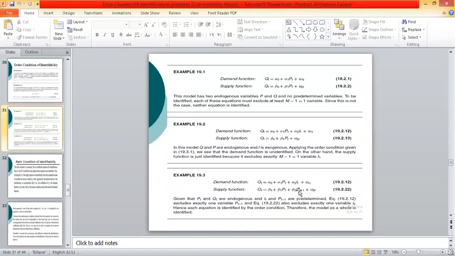There are a total of 4 variables in the model, but the number of variables in our equation of interest, that is the demand function, because we want to examine the identification of the demand function, is three. It means the demand function excludes at least one variable. And according to the formula, m minus 1 is equal to 1.